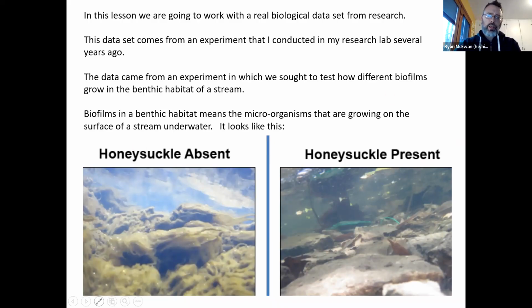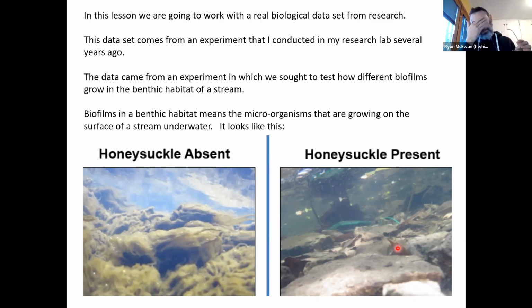Biofilms are the microbial community that assembles on substrate in a stream. How those biofilms accumulate in different kinds of stream habitats given different kinds of conditions. What we call a benthic habitat. Biofilms in a benthic habitat are microorganisms growing on the surface underwater.